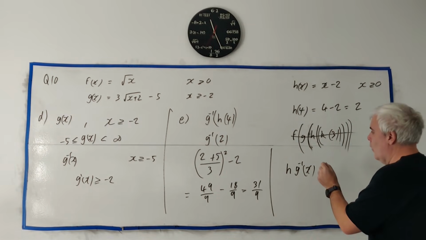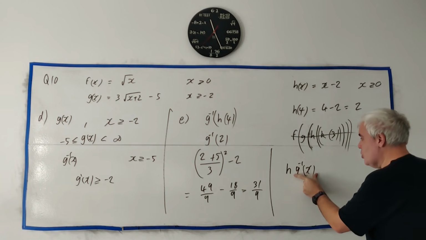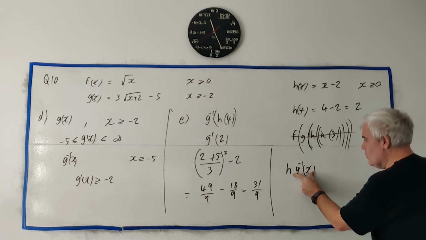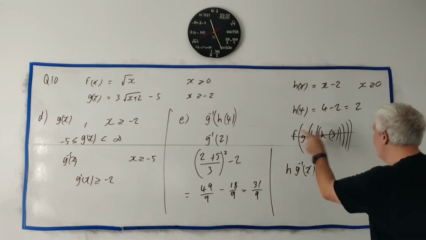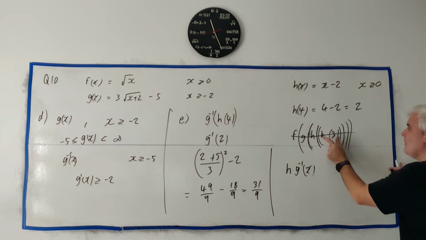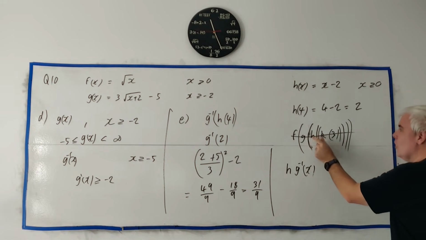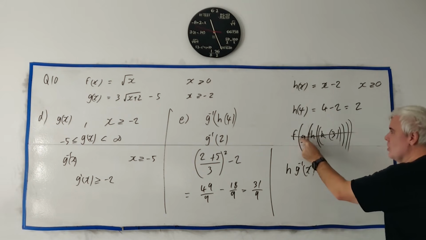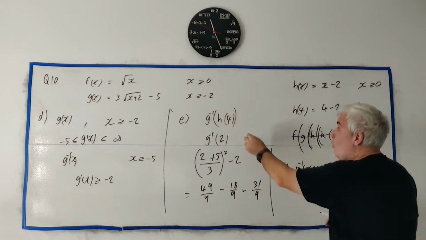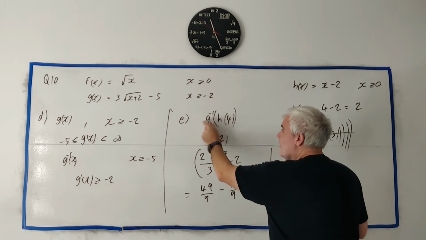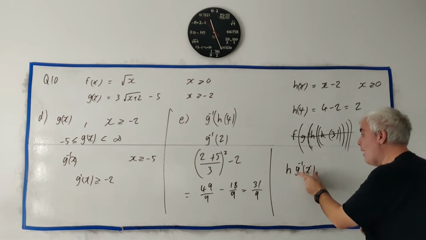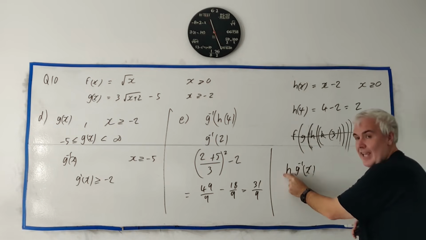What comes out of the inverse of g is what goes into h. To go back to my example, what came out of the k went into the h. What came out of the h went into the g. What came out of the g went into the f. What came out of the inverse g goes into the h.